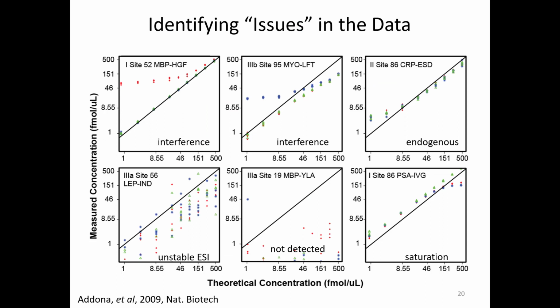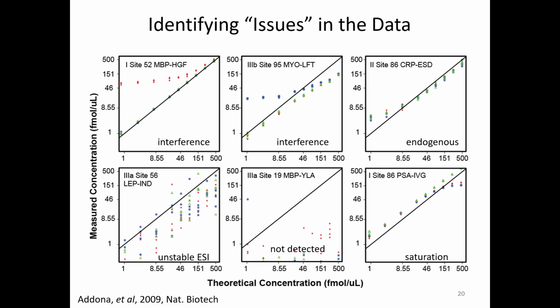And then there are ways to look at the data when you're doing this refining process and looking at responses to see if there's anything funny going on in the data. In these 2 cases, each of these colors represents one transition, for a total of 3 over a concentration range. When you see one transition lift away from the line like that, it's usually an interference.